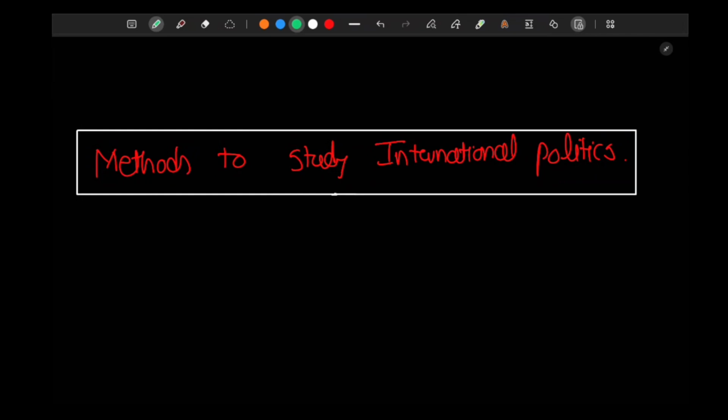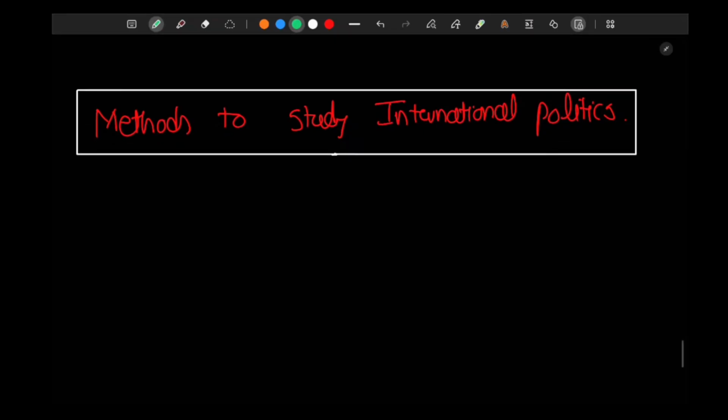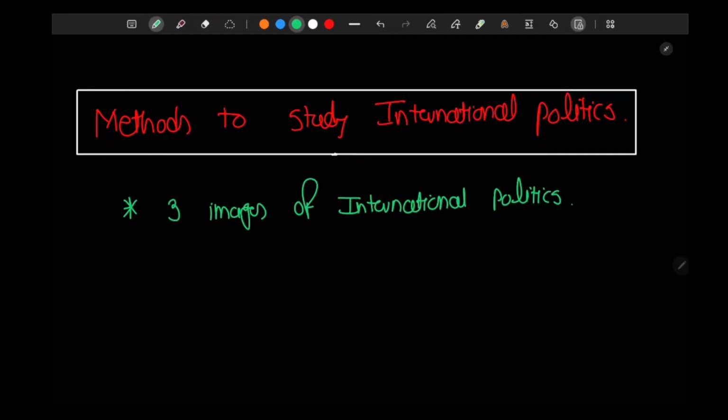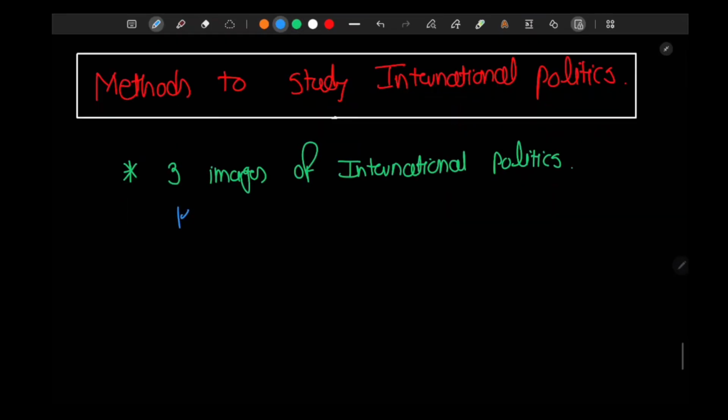So, methods to study international politics: you have to understand how to study international politics, or with what perspectives you can study it. In this regard, I will explain to you three images of international politics, given by Kenneth Waltz.